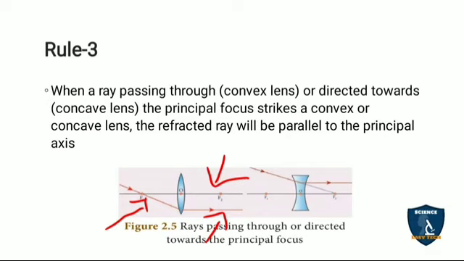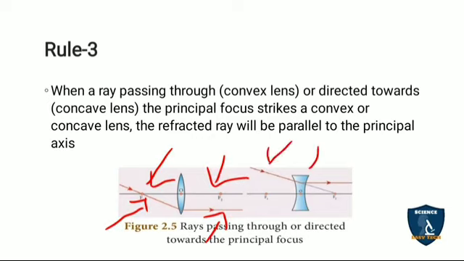The rays are directed towards the principal axis. The red color arrow marks mention the rays and the principal axis. So the ray passing through the principal focus strikes the convex lens, and the refracted ray will be parallel.